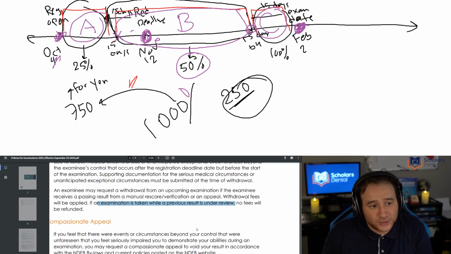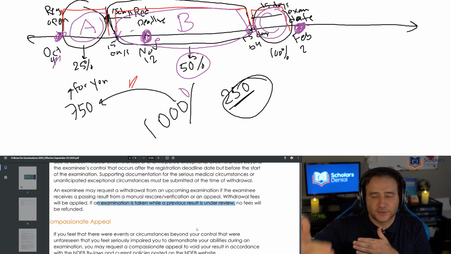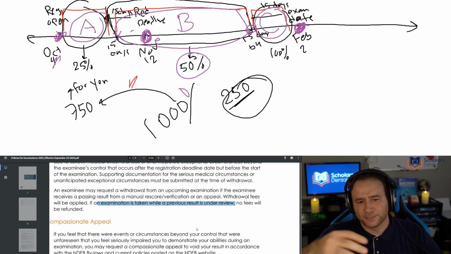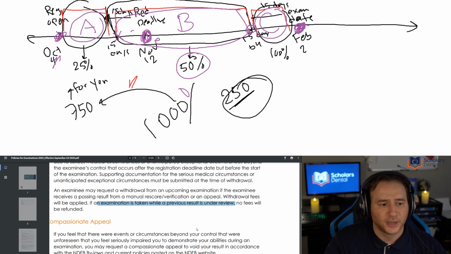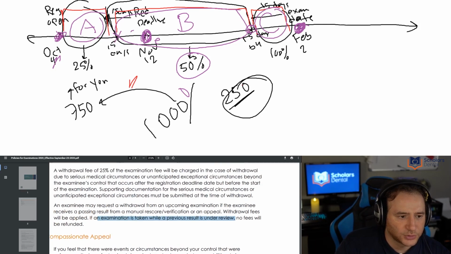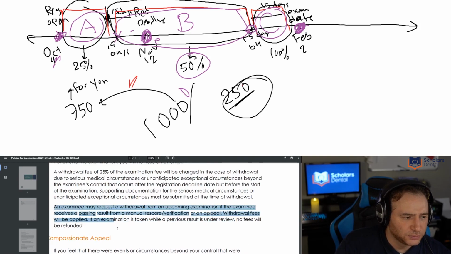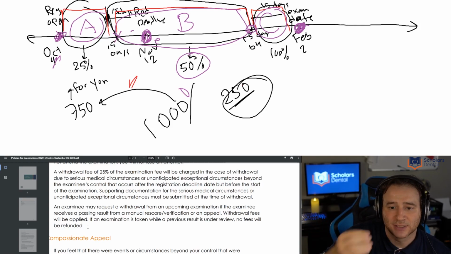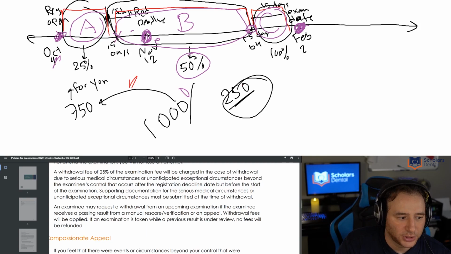But you could request a withdrawal if it's upcoming. This condition is just applying the same schedule timeline, so it's not anything new. Your second exam, whether your appeal comes out as a pass or not, is still treated using the same schedule.